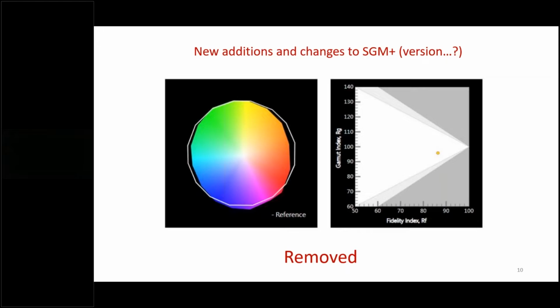So far, it is only for Android, but we will release it for iOS as well. So what we have changed in this is that we have removed these two graphics. The logic behind this was we want to move closer to the TM30 report, and these were not in the TM30 report. So we already removed this.